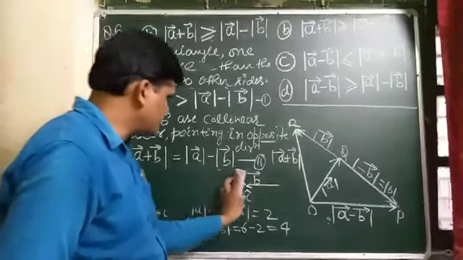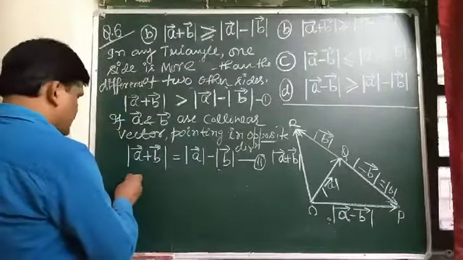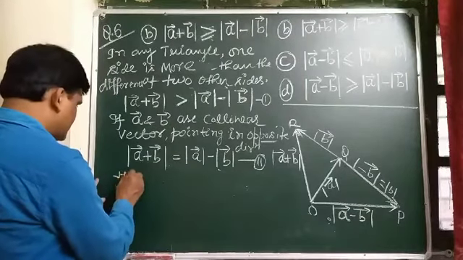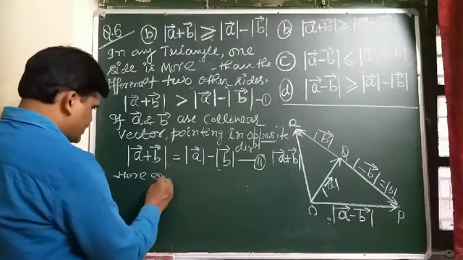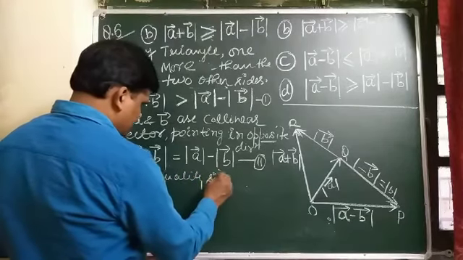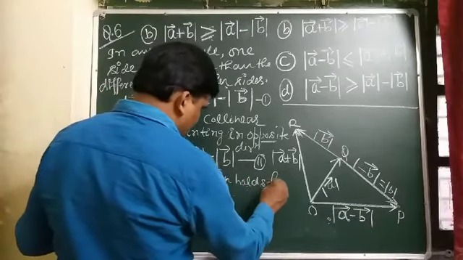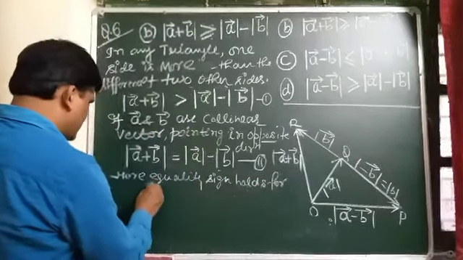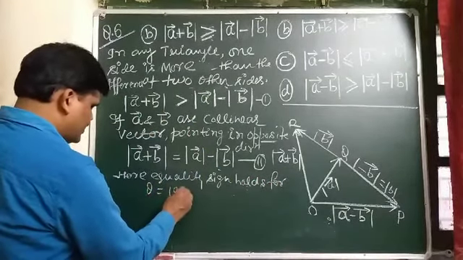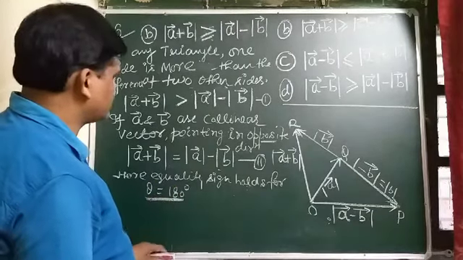So in this case, the equality sign holds for theta equal to 180 degree, when two vectors A and B are acting in opposite direction.